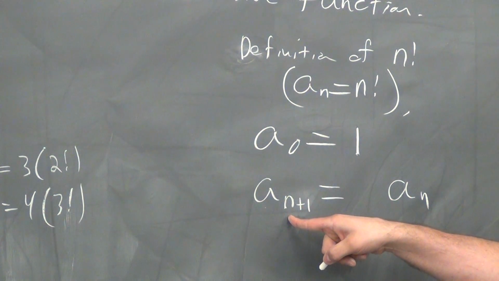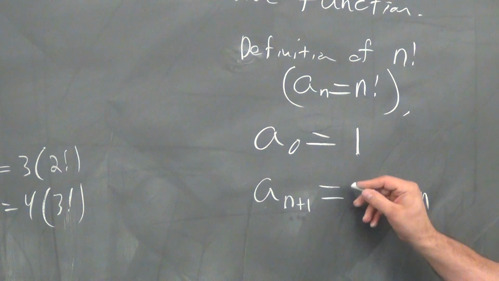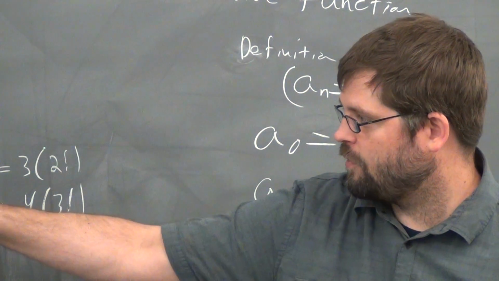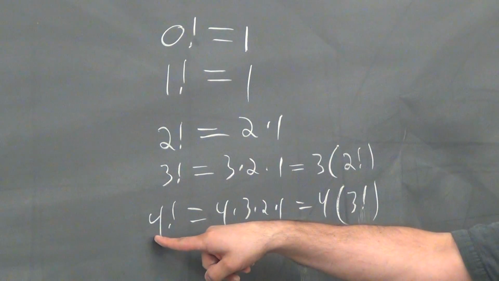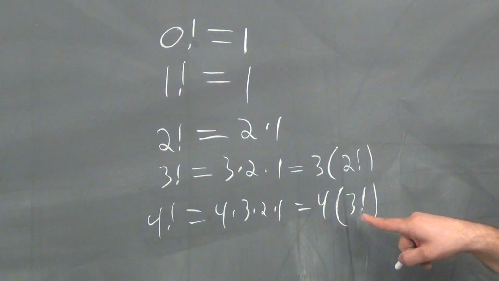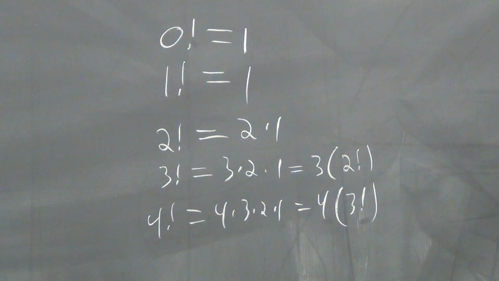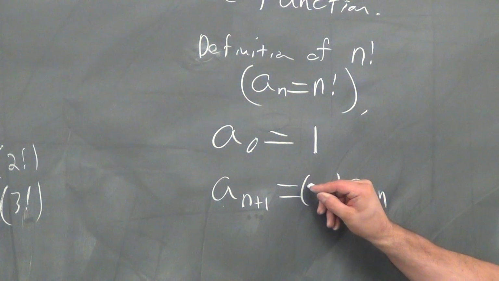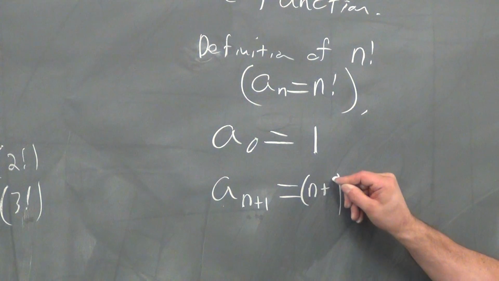How do you define n plus 1 factorial? So think of the 4 as your n plus 1, right? 4 factorial is 4 times the previous factorial, right? And so that's what the a sub n is. It's your previous factorial, and so what goes here? n plus 1. n plus 1, right?